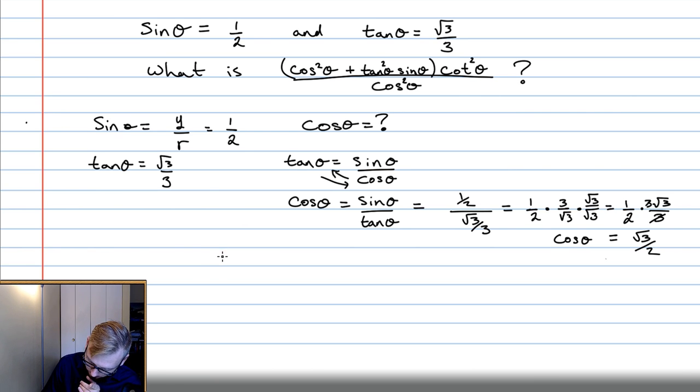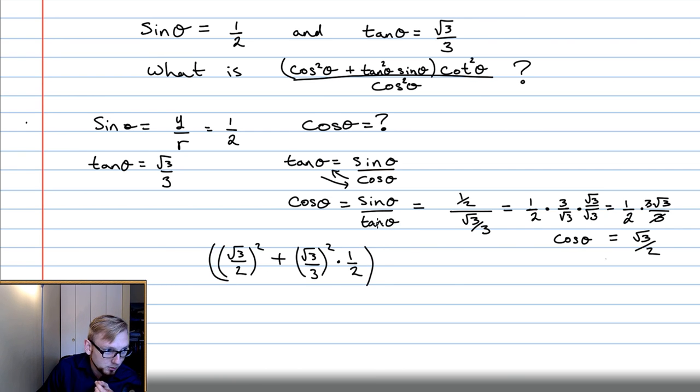Okay. And now let's find our answer here. So cos squared theta is root 3 over 2 squared plus tan squared theta. Tan is root 3 over 3. We got root 3 over 3 squared. Sine theta is 1/2. And then we've got cotan theta. Remember, the cotan is just 1 over tan theta.